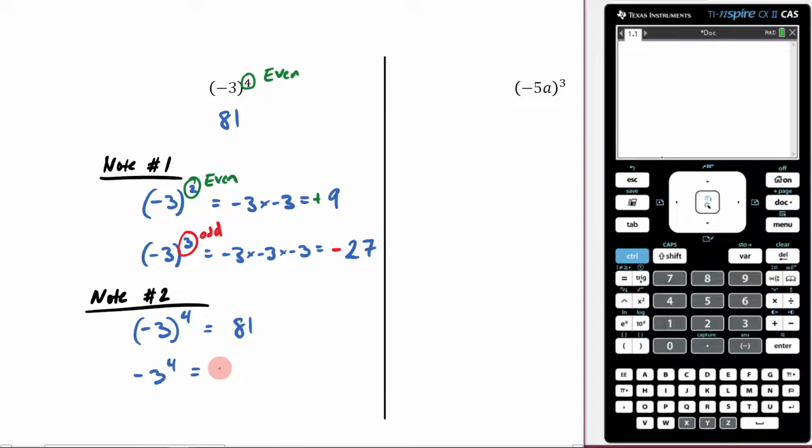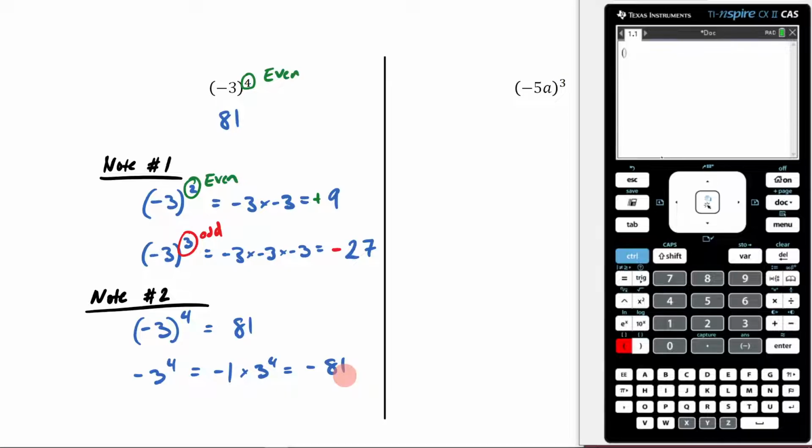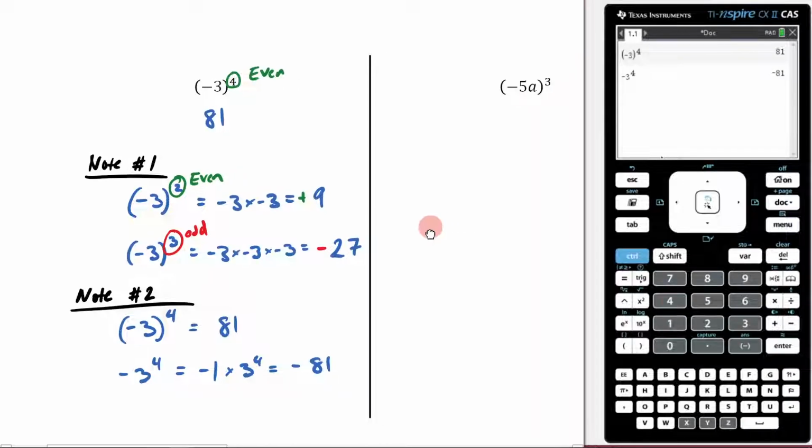But in this example here, this is kind of like negative 1 times 3 to the 4. So it's going to be negative 81. So just take note of that. And you can see this on your calculator. If I go brackets, negative 3, close brackets raised to the 4, that's that. But if I just went negative 3 raised to the 4, it's going to be negative 81. So you need to take note of the difference there. Very important. Okay, perfect. Let's move on to the next one.